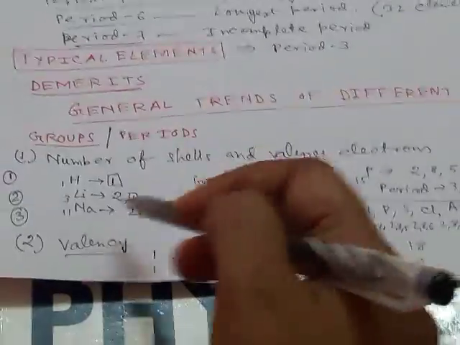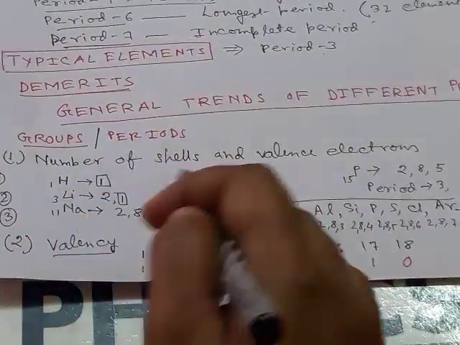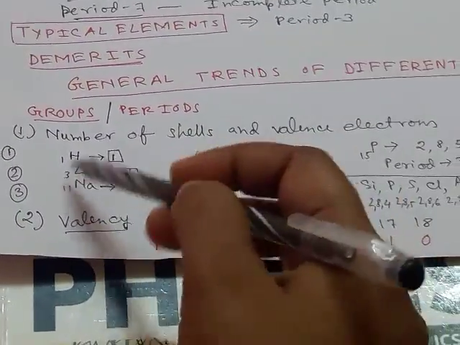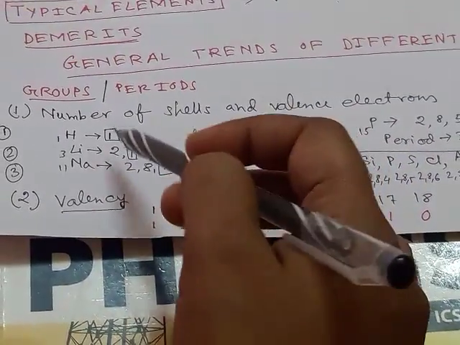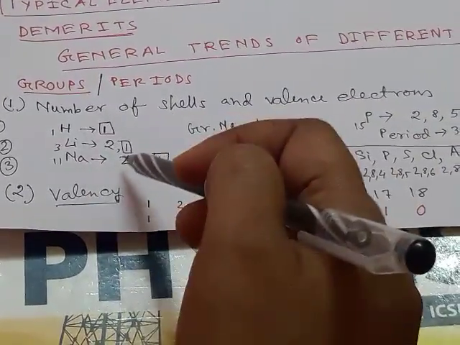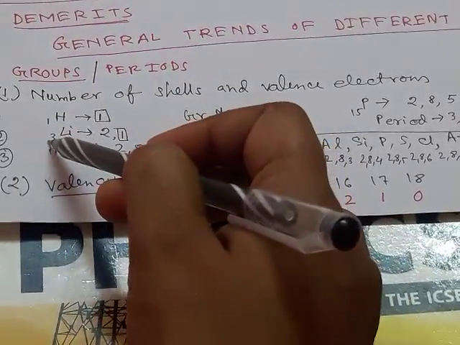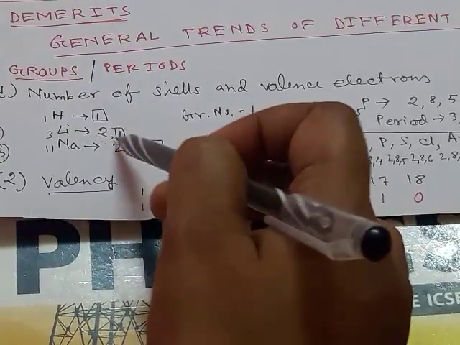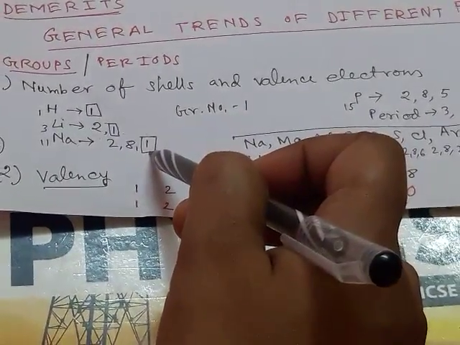Now general trends of different properties along groups and periods. Number 1 is the number of shells and valence electrons. First we will see the group. Along a group, the number of valence electrons remains the same. For hydrogen there is 1 electron; for lithium, atomic number 3, electronic configuration 2, 1, so there is 1 valence electron. For sodium also there is 1 valence electron.